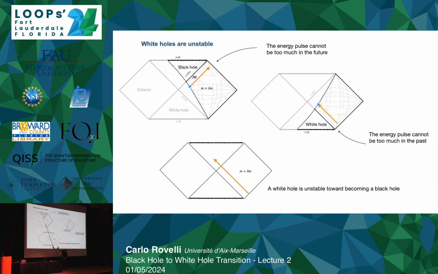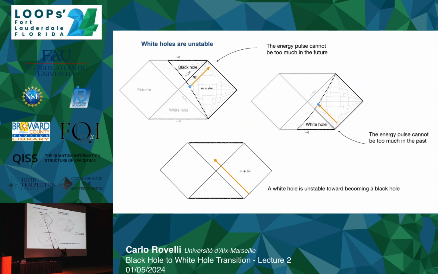Now, question. Can this point be anywhere, arbitrarily close to 2m? The answer is no, because obviously the energy here is m plus delta m. So it cannot be at a radius that is less than the radius r of 2m plus delta m, otherwise it would be inside the horizon. Okay?